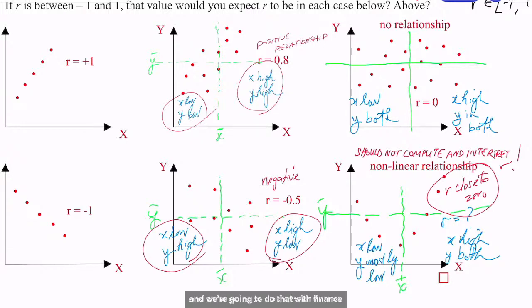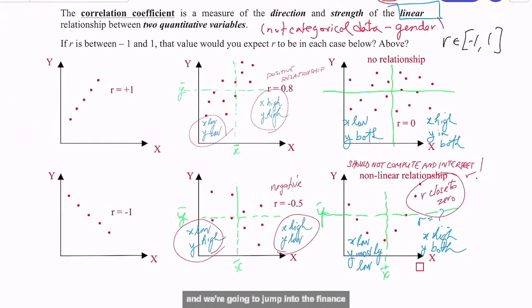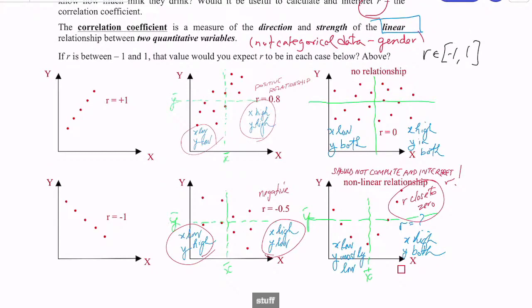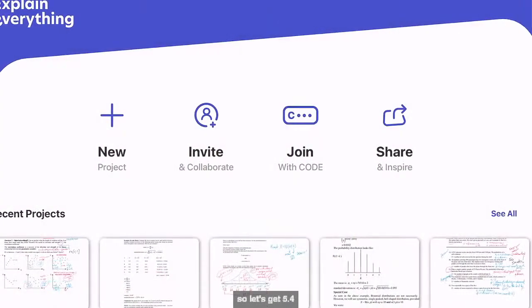And we're going to do that with finance data, okay? I'm going to talk about the formula of R. And nobody's making any comments. You guys good? And we're going to jump into the finance stuff. So let's get 5.4.